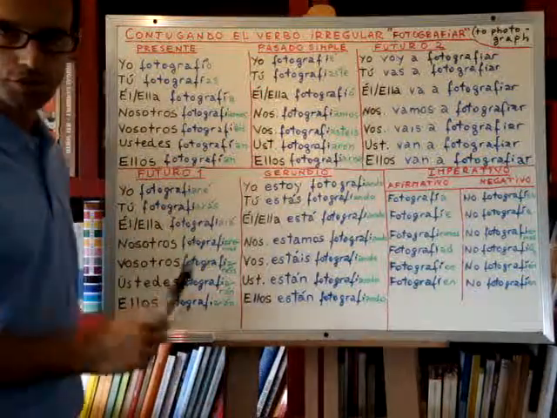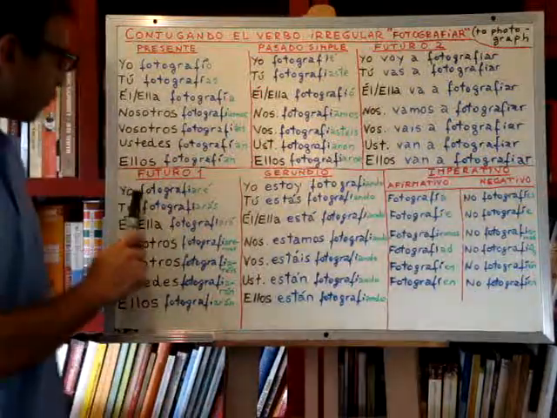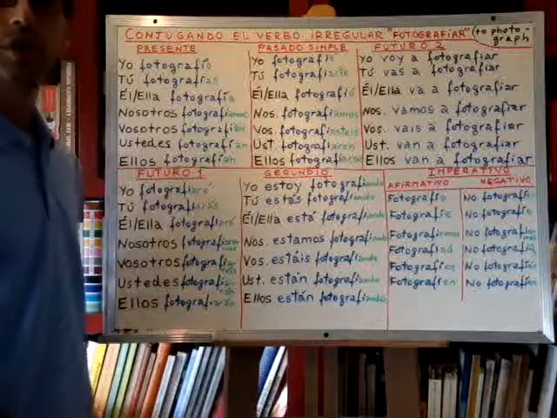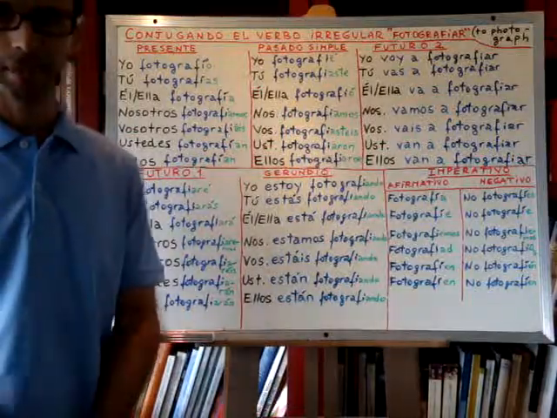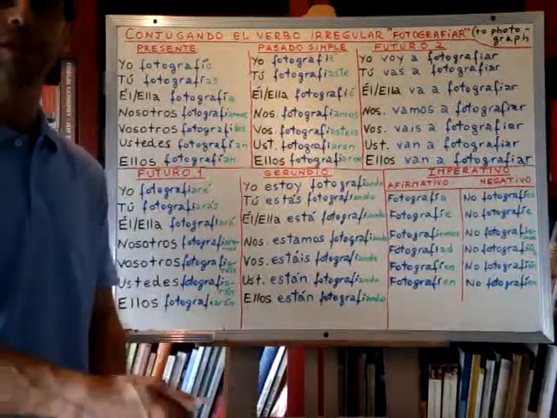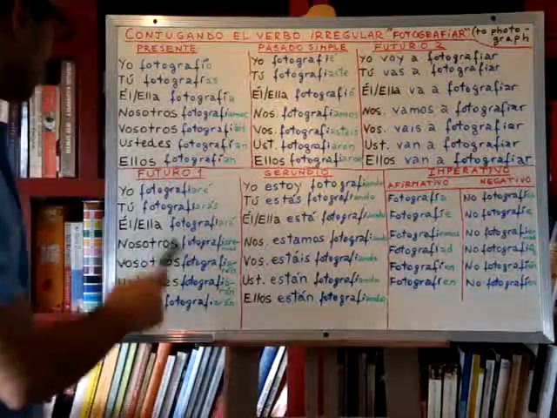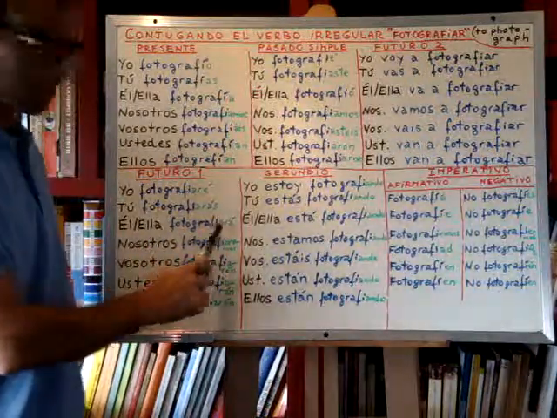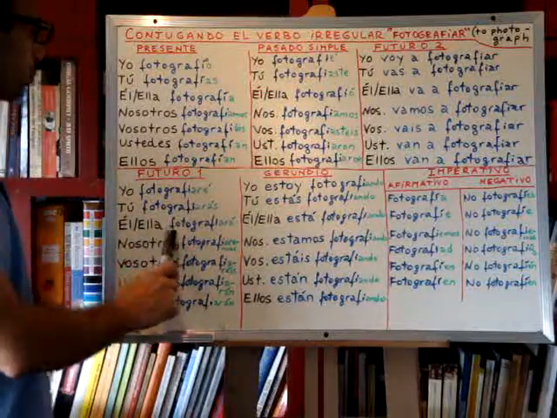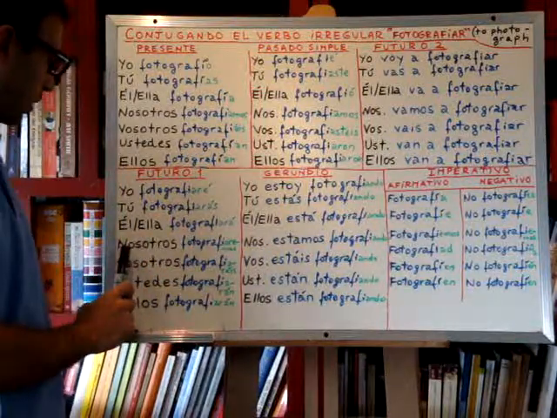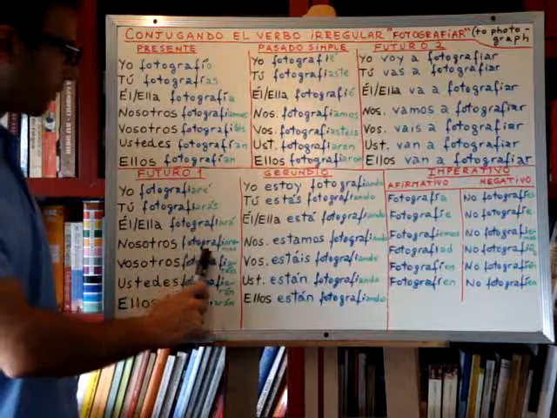Let's see the simple future. Yo fotografiaré. That means I will take a photo, right? Or I will photograph. Tú fotografiarás. Él fotografiará. Nosotros fotografiaremos.